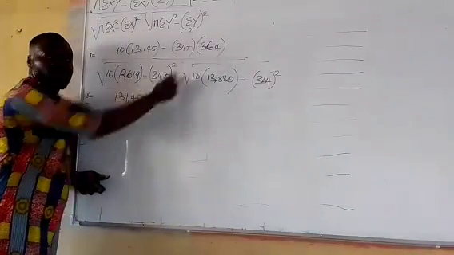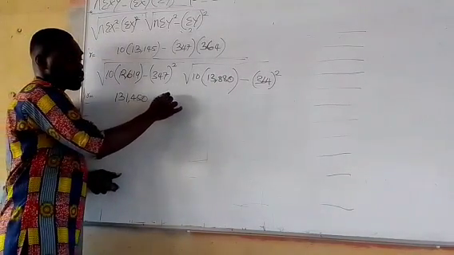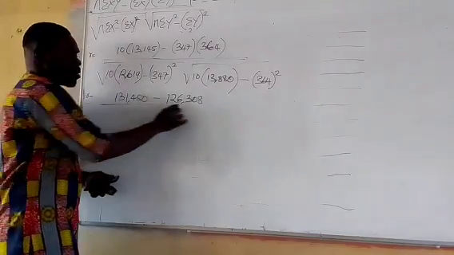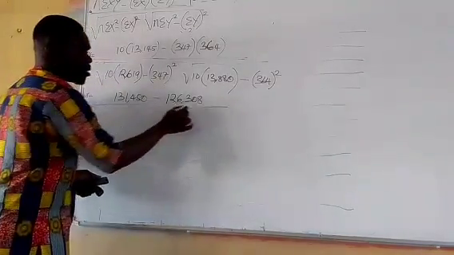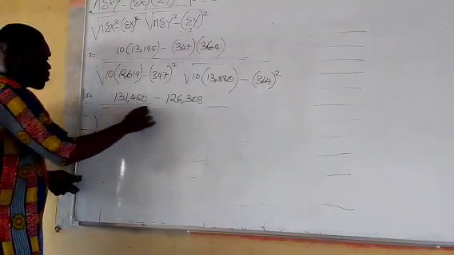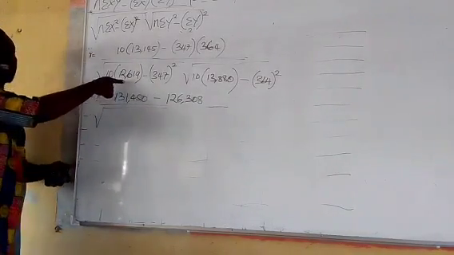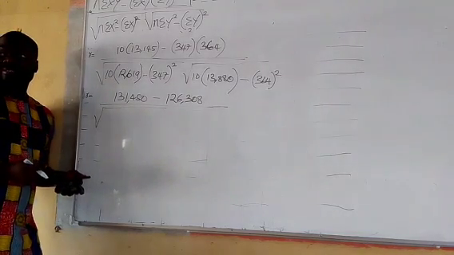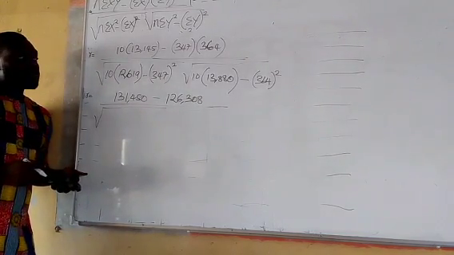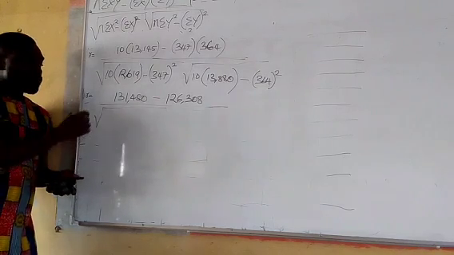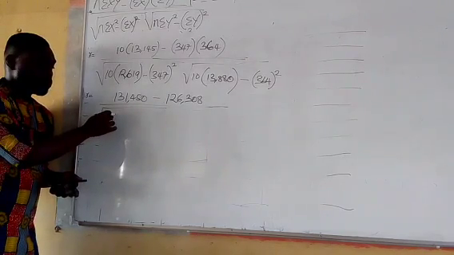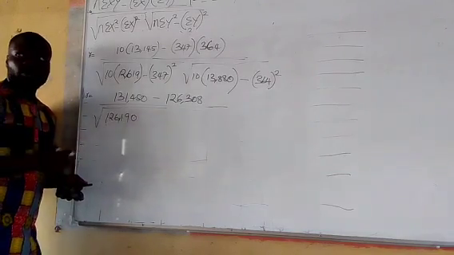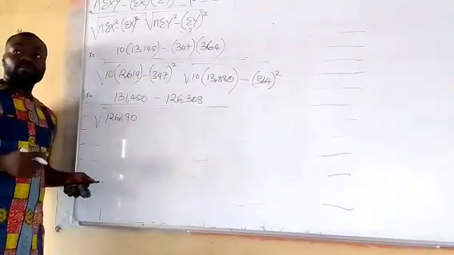Have you multiplied these two? What am I having? 126,308. Then we come here. We have 10 multiplied by 12,619. That gives 126,190.